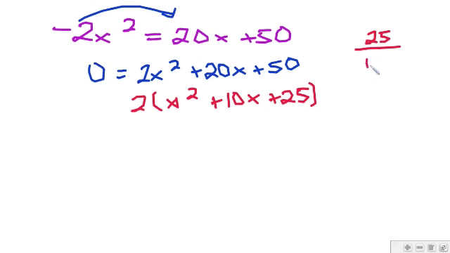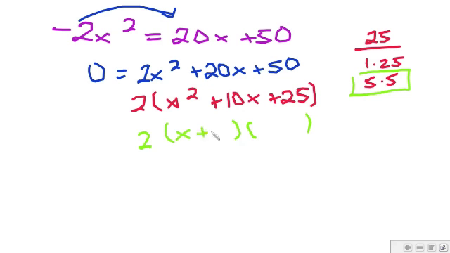Well, my factors of 25 are 1 and 25 and 5 times 5. Well, I'm going to look to see if any of those pairs give me a 10. Well, 5 and 5 would give me a 10 if I added them together. So bring down the 2 and now break into your 2 pairs. So I'm going to have x plus 5, x plus 5.